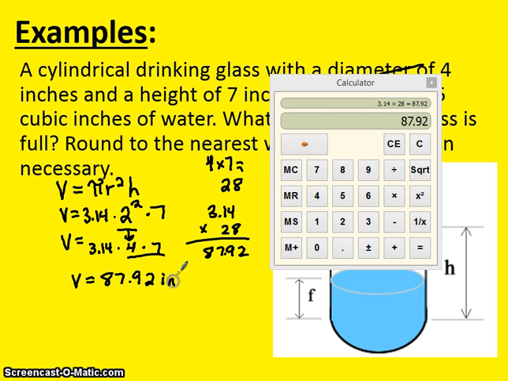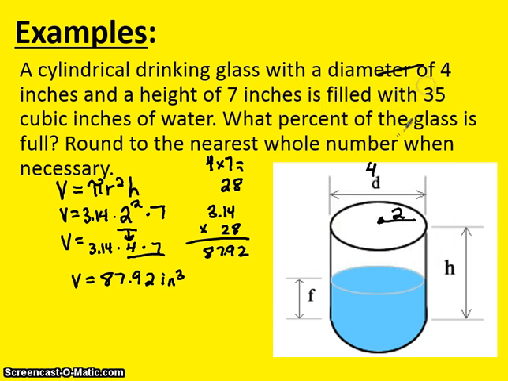So we have the volume is equal to 87.92 cubic inches. Now it's telling us that part of the glass is full. So the part that's full is 35 out of 87.92. And it's asking us what percent.